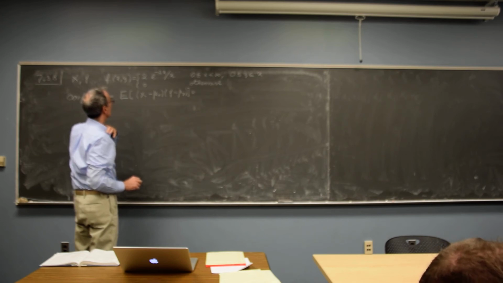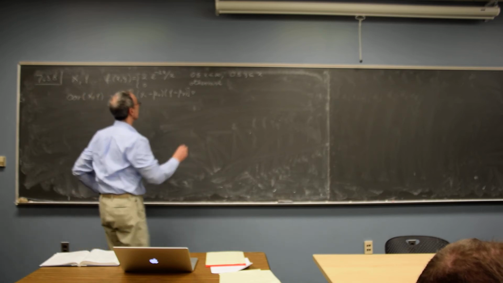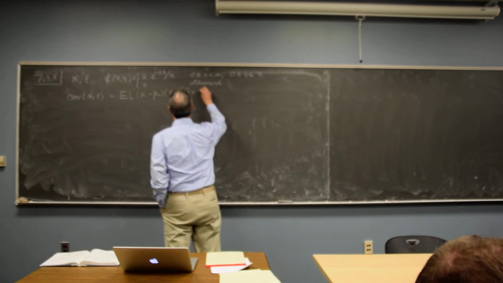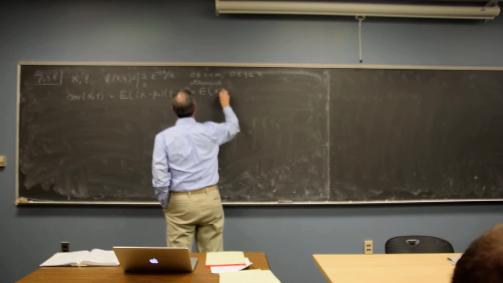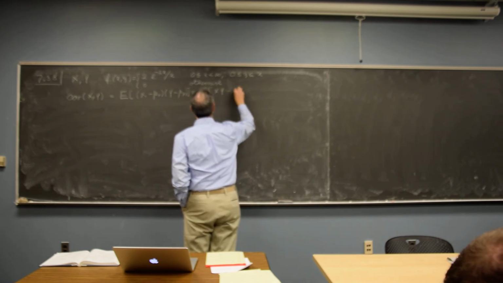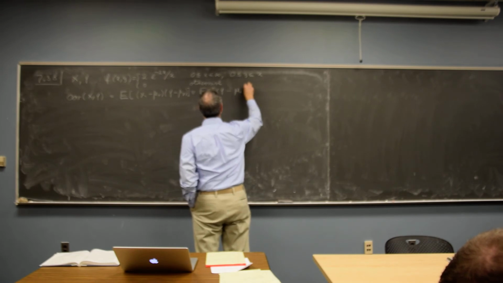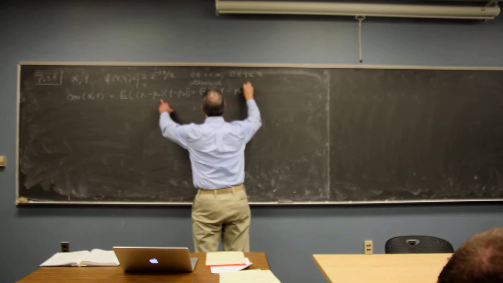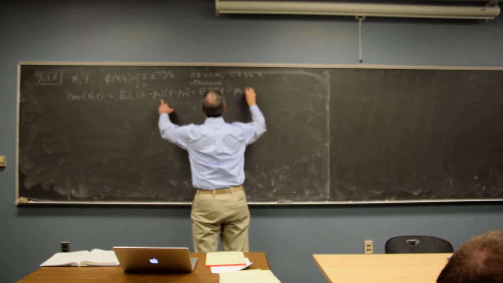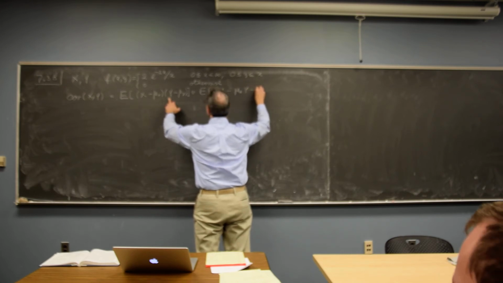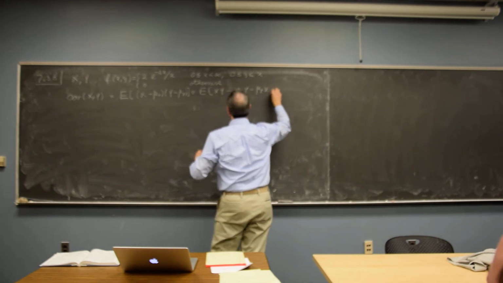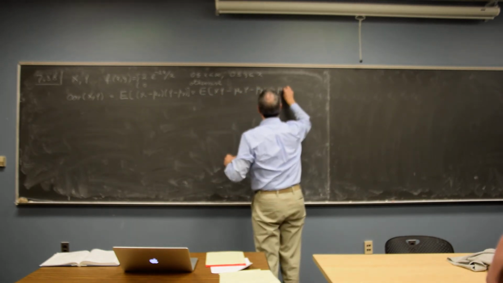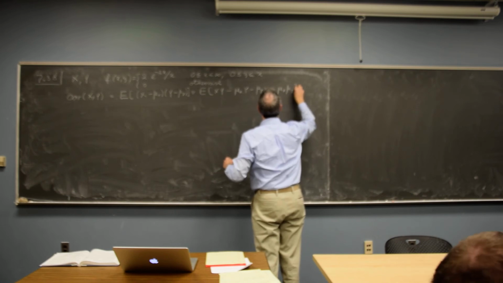So in this case you get E of XY minus mu_x Y minus mu_y X plus mu_x mu_y.